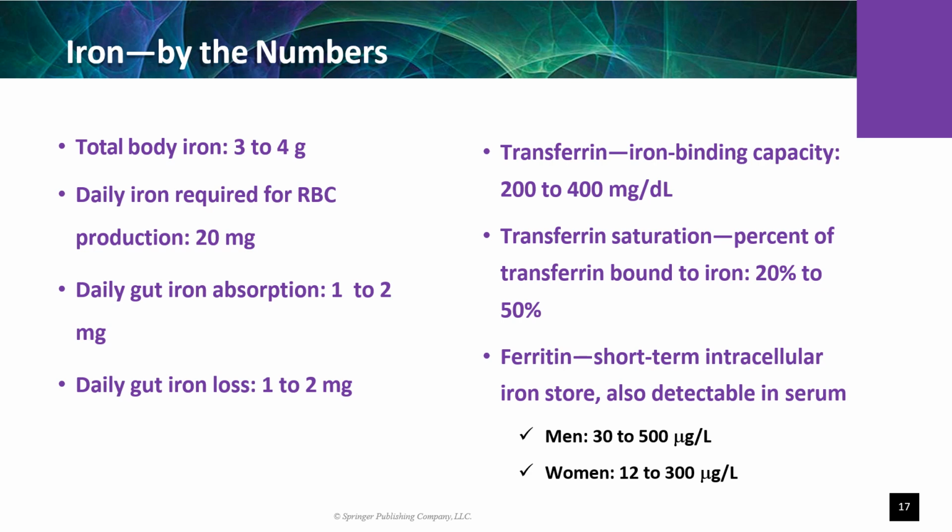GI malabsorption, like Crohn's disease, celiac disease, or those secondary to weight loss surgery, often require supplemental iron to maintain erythropoiesis. In all cases, if dietary supply and body stores in the liver and other tissues are not adequate, iron deficiency anemia will occur.